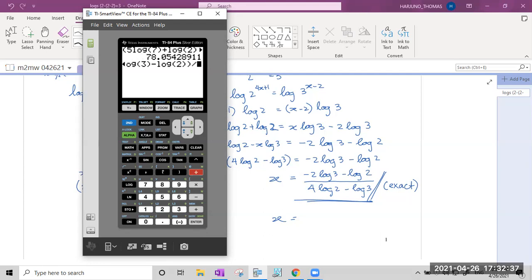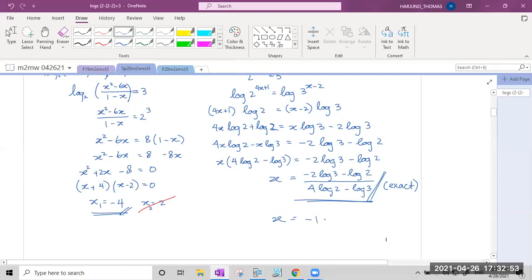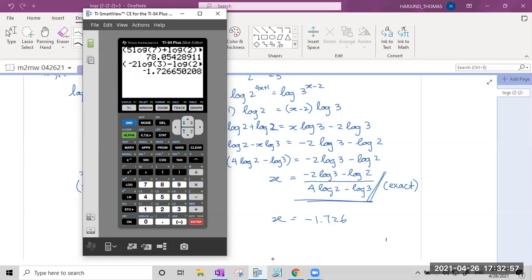Divided by, open the denominator, 4 log 2, close that log 2, minus log 3, close that log 3, and then close the denominator. Negative 1.72665.